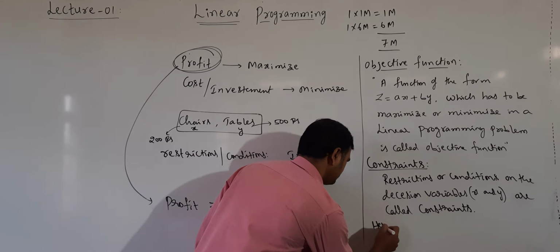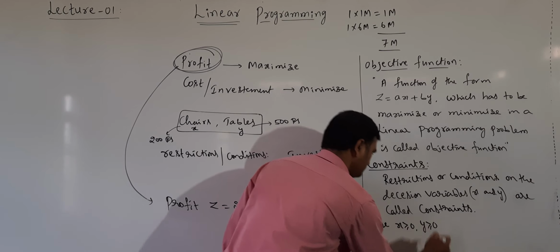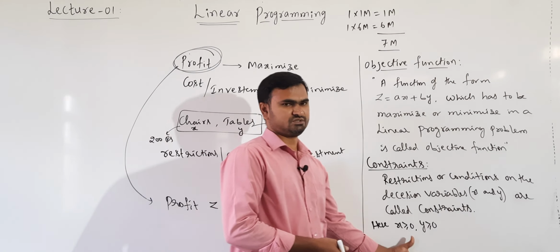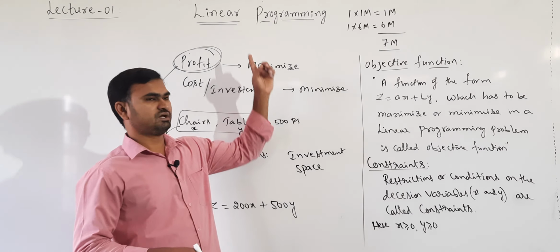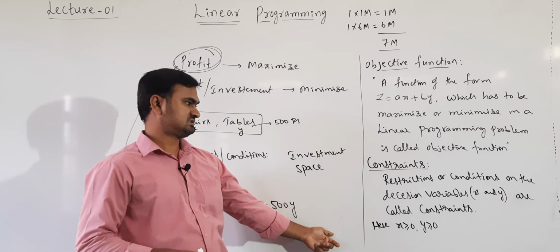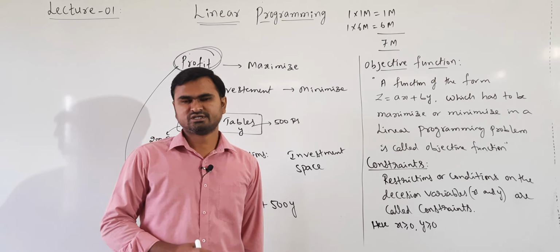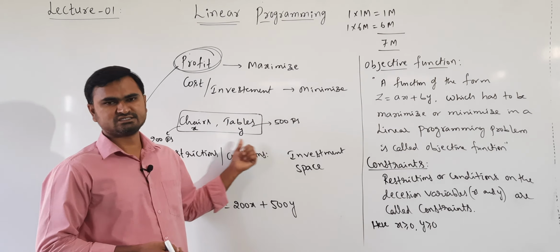Here x greater than or equal to 0, y greater than or equal to 0. This condition, whether it is mentioned or not mentioned, we always assume. So whenever there is any problem related to linear programming, the number of units or these decision variables, we always take as positive, because there is no possibility of having the number of units as negative.